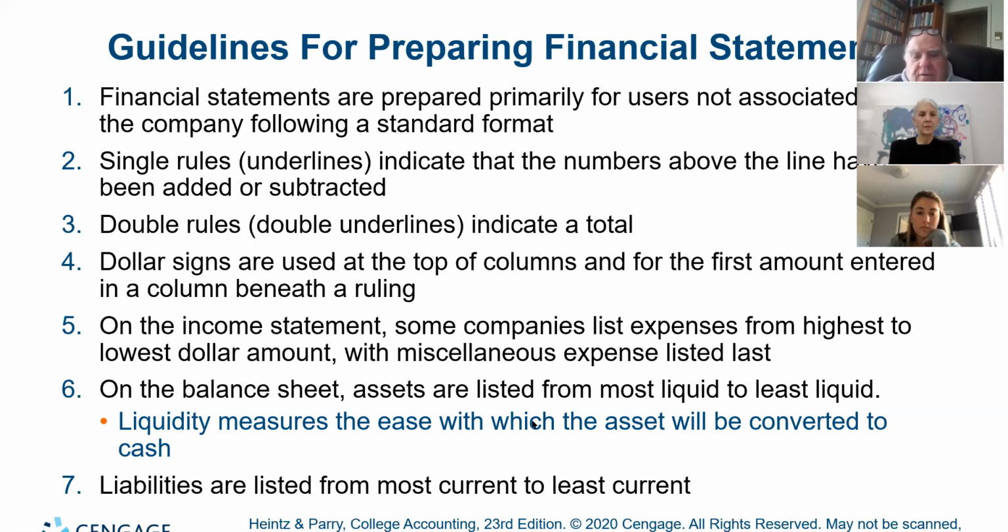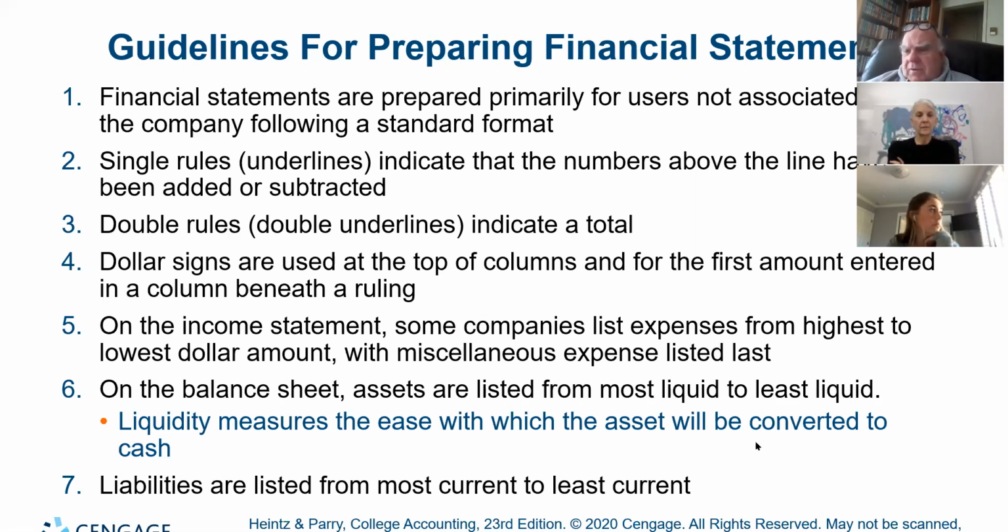On the balance sheet, assets are listed from most liquid to least liquid. That is 100% true. Assets are based on liquidity. Liquidity measures the ease with which an asset can be converted to cash. Say a company has $1 million in accounts receivable, but they don't have enough cash to pay their bills, and they don't want to wait 30 days to collect.